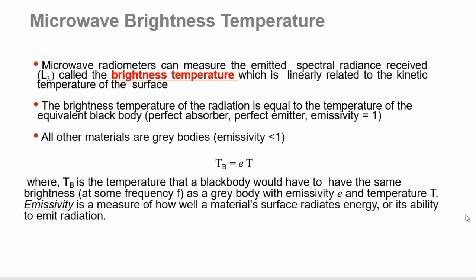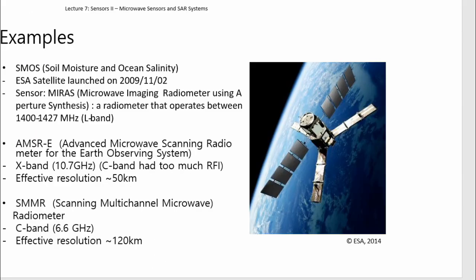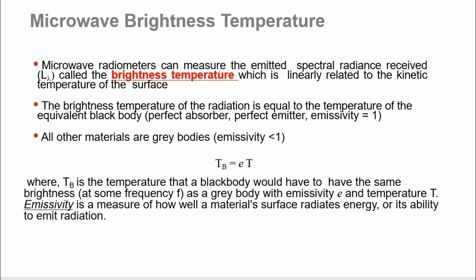Emissivity is a measure of how well a material surface radiates energy, or its ability to emit radiation. If you have brightness temperature and physical temperature, you can pretty much estimate emissivity.